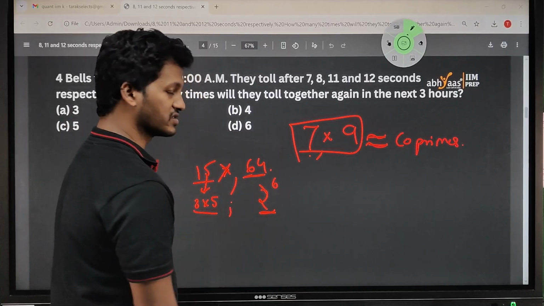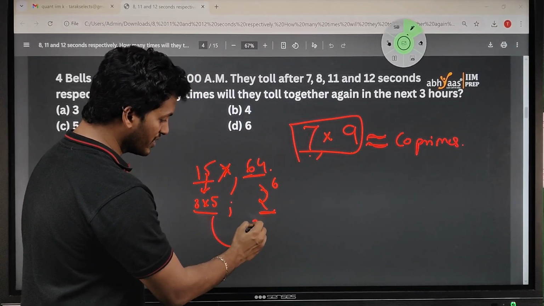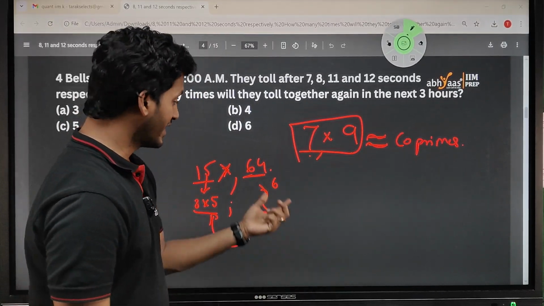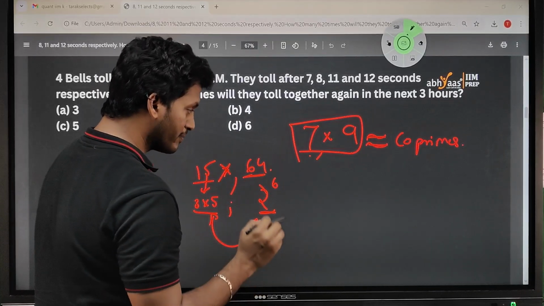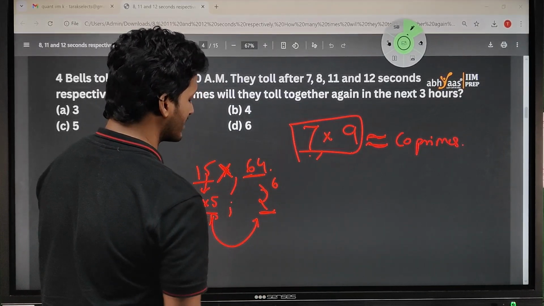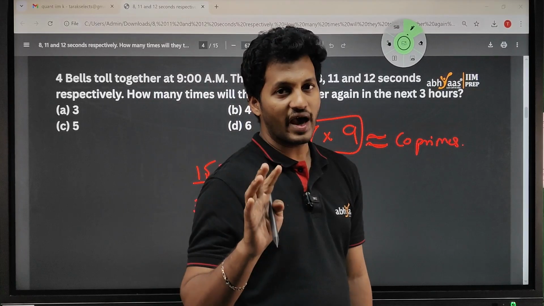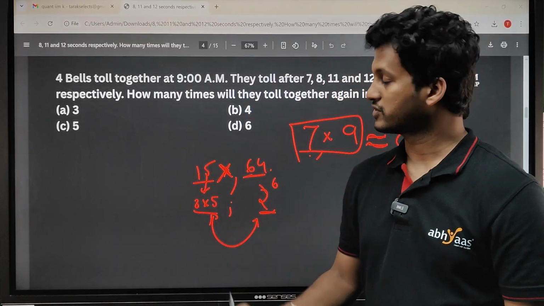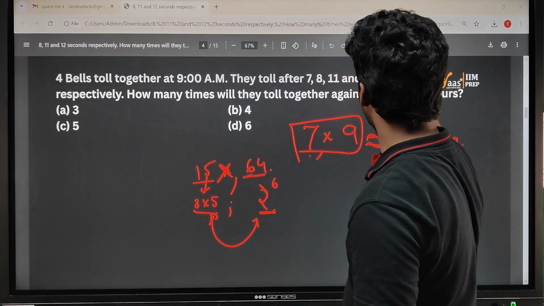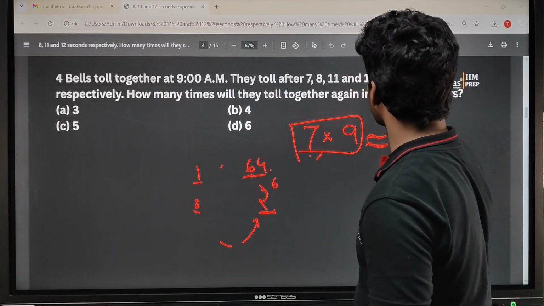Is there anything common here? No, nothing. Then even though they are not prime numbers, I can directly multiply them to get the exact LCM. Like this we will find LCMs.